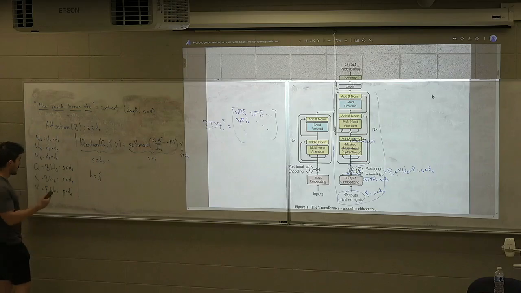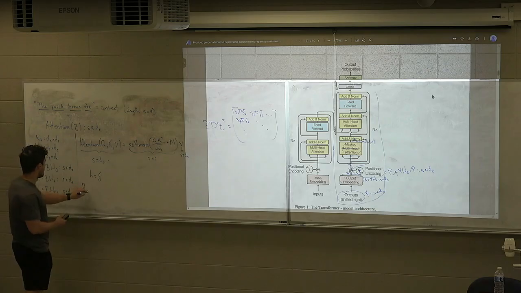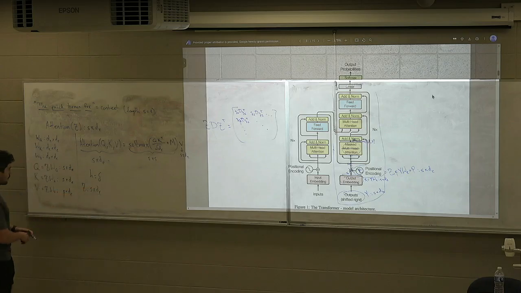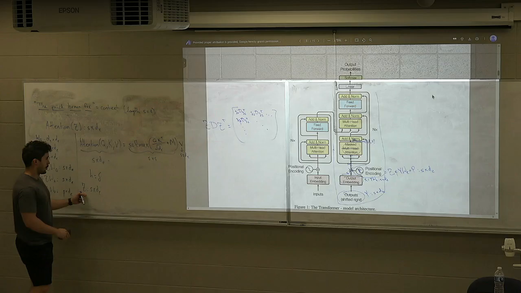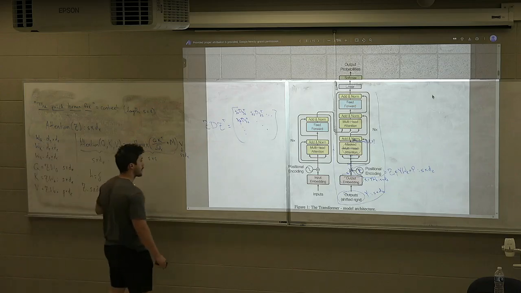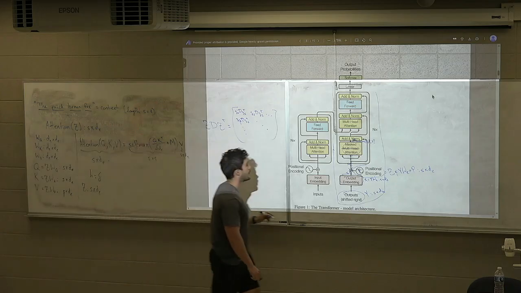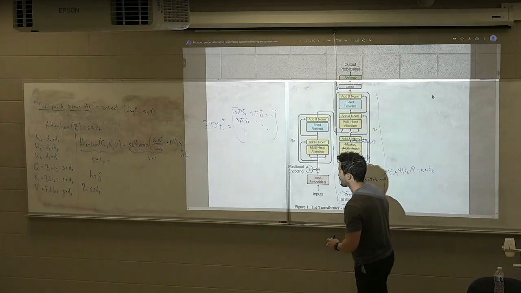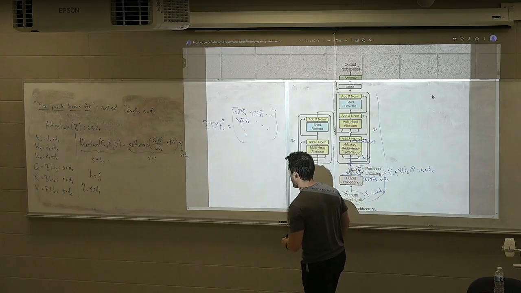The thing coming in is Z, and Z has dimension S by dE. So it's all the tokens embedded. And so you are going to form, this would be if H is 3, 1, 2, 3, so you're going to form 3 matrices.